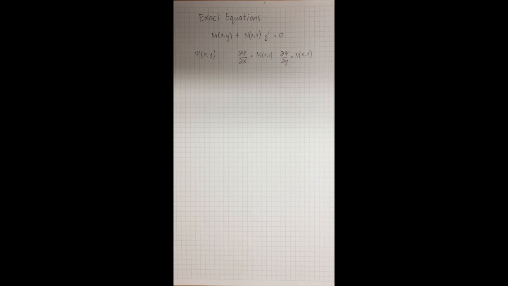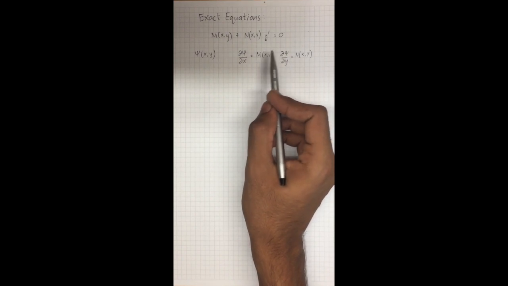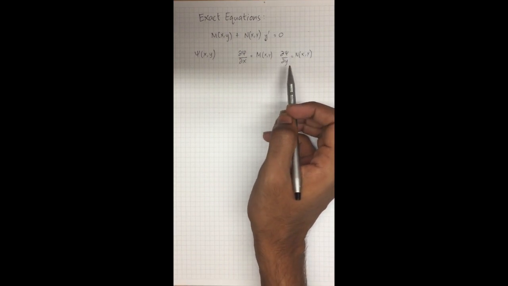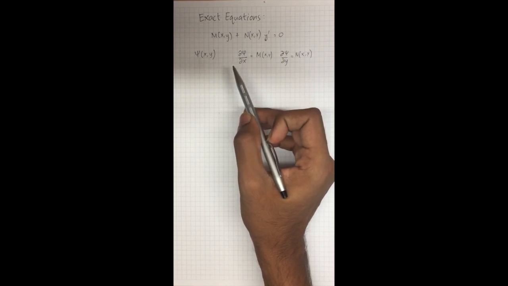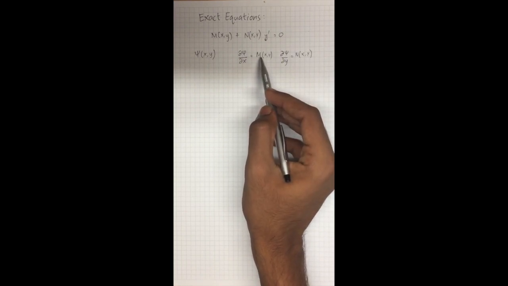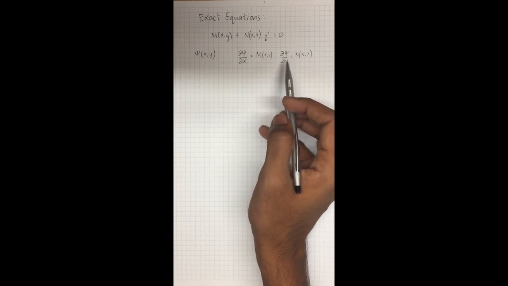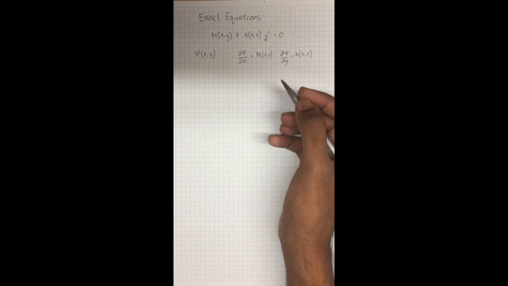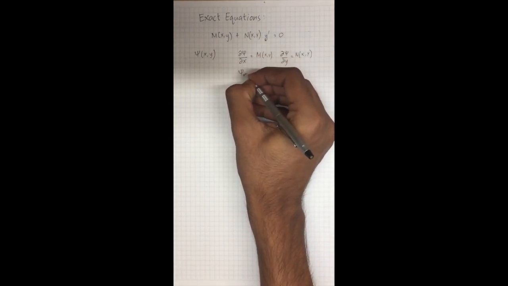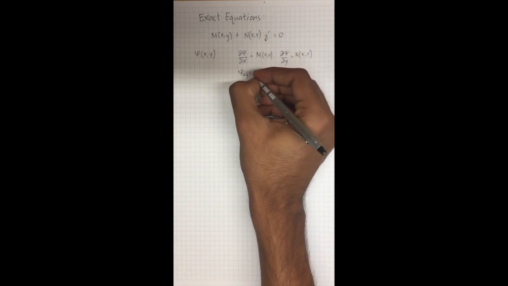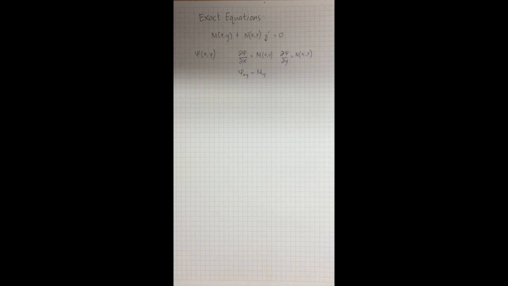So you might have noticed that since psi is the same term and we are differentiating with respect to x and y, if you're going to differentiate it again, you're going to partially differentiate M with respect to y now and partially differentiate N with respect to x, right? So we would get psi differentiating with respect to x and y would be M sub y.